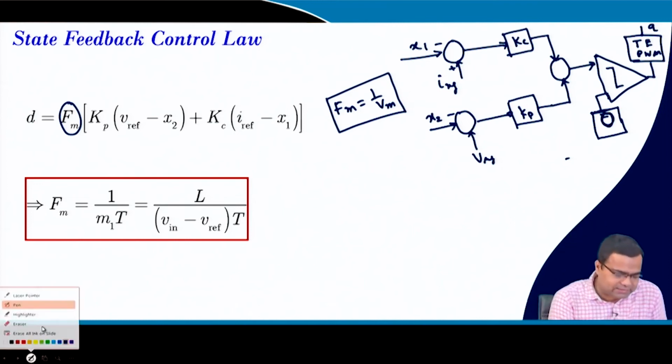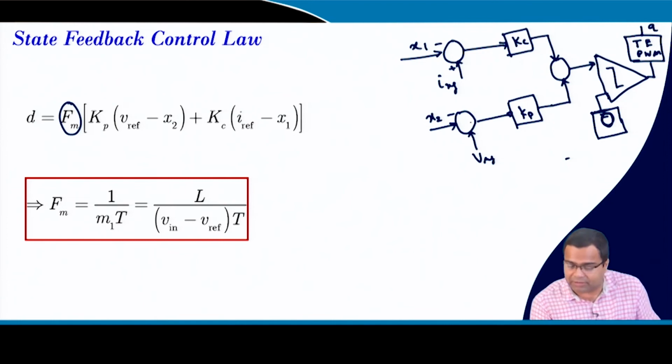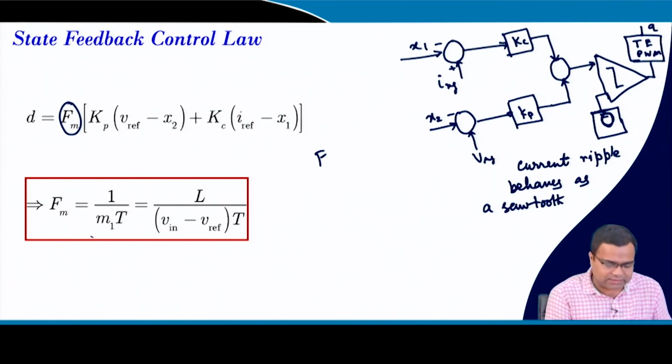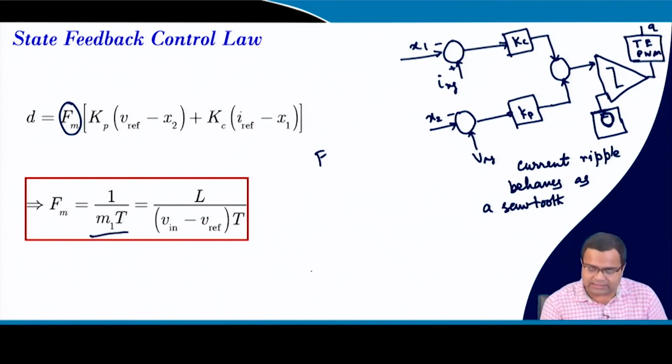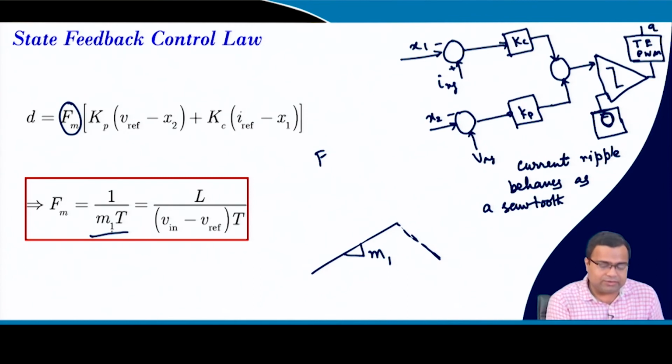In that case, the current ripple behaves as a sawtooth. So, the modulator gain is nothing but the rising slope of the current, because the rising slope of the inductor current will act like a sawtooth waveform. So, this slope is M1 and we use M1 for the modulator gain.